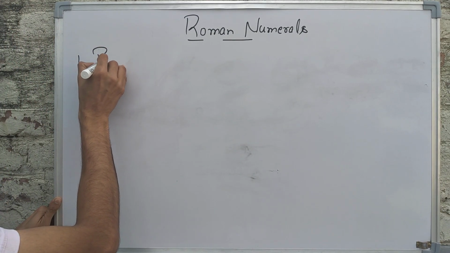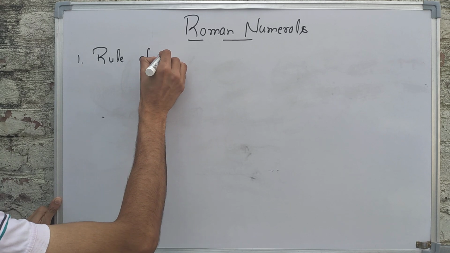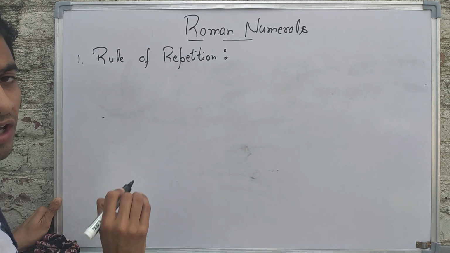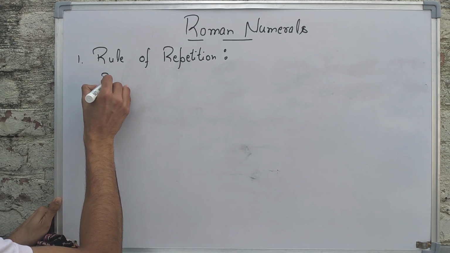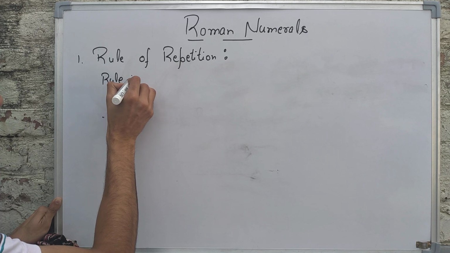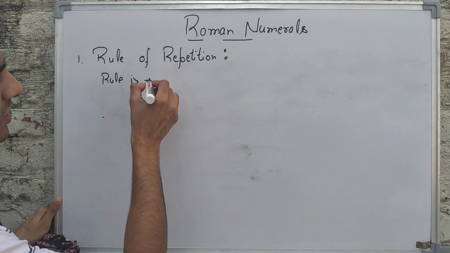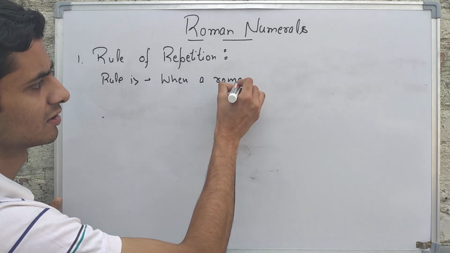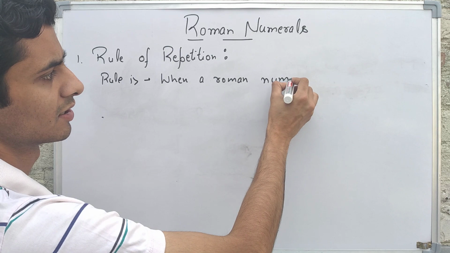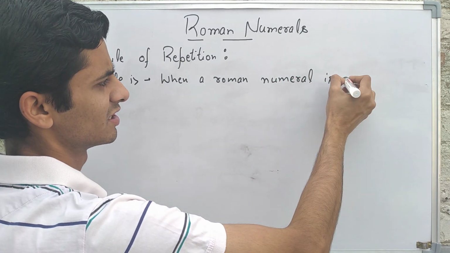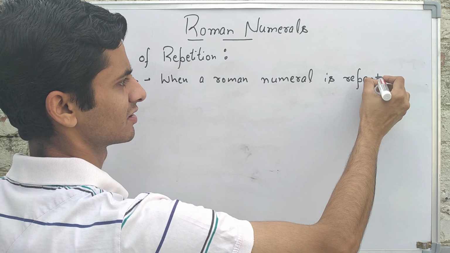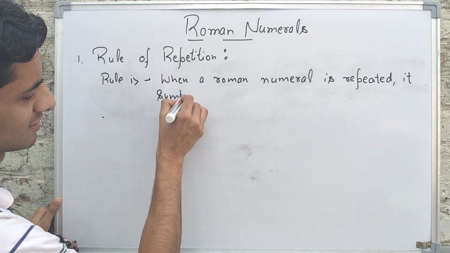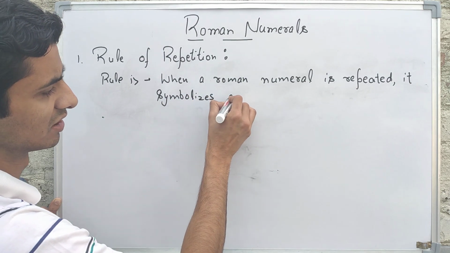Rule 1 says that when a Roman numeral is repeated, it symbolizes addition.